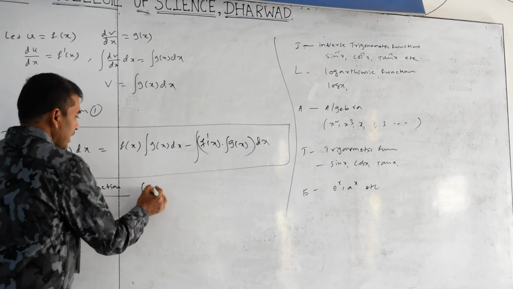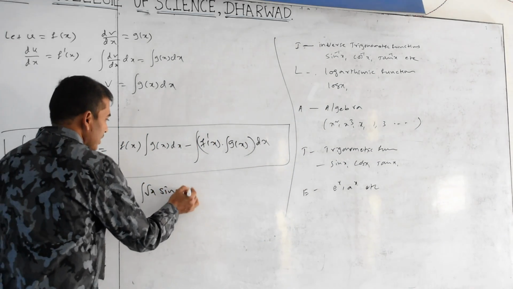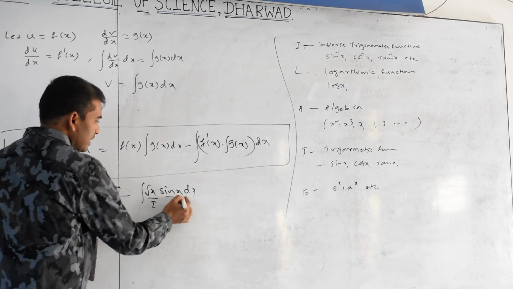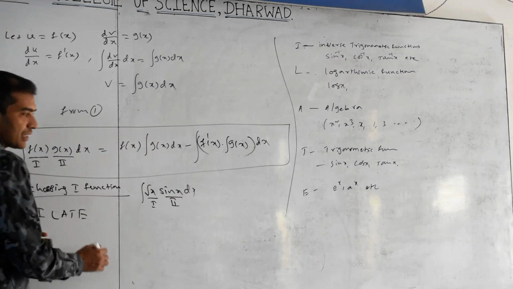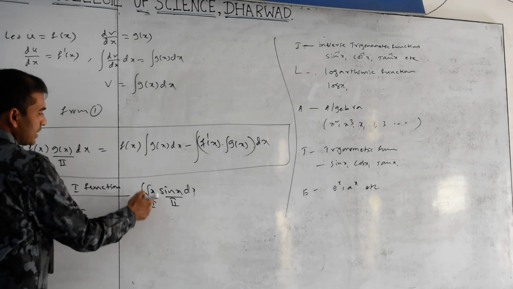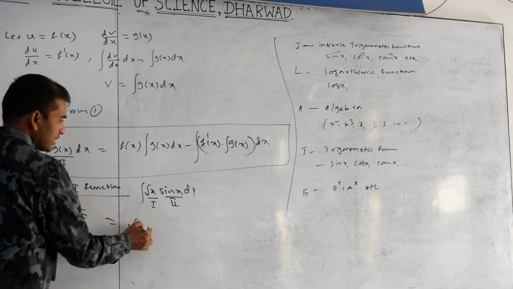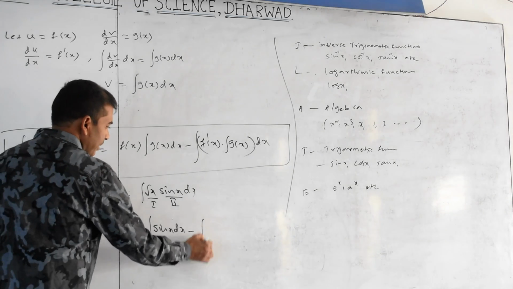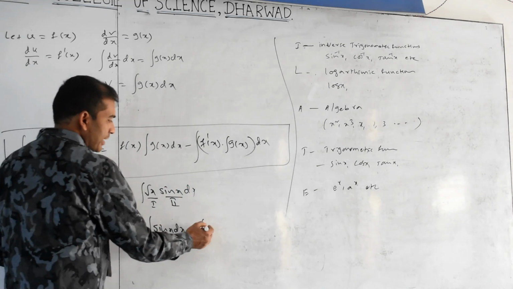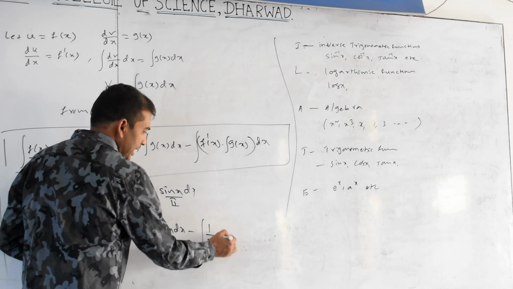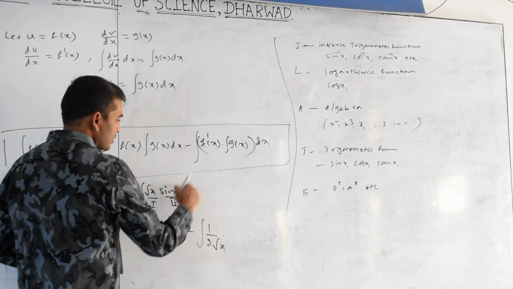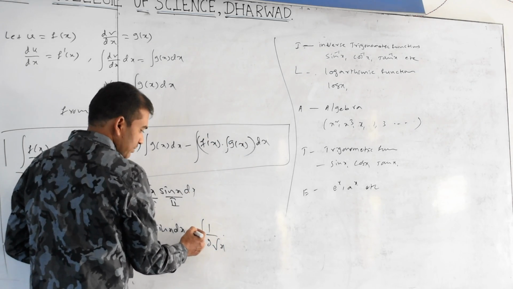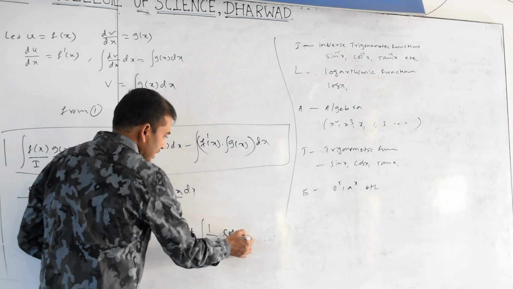Integration of root x sin x: if you take root x as the first function and sin x as the second function and apply the rule, f of x is root x, integration of g of x is sin x dx, minus f dash x, root x differentiation is 1 by 2 root x, into integration of sin x, which is minus cos x, dx.